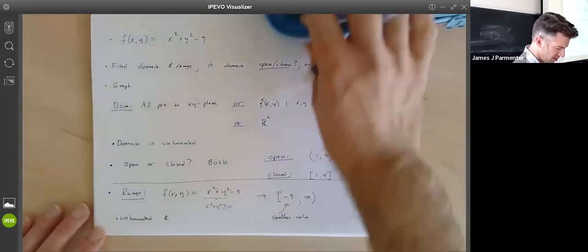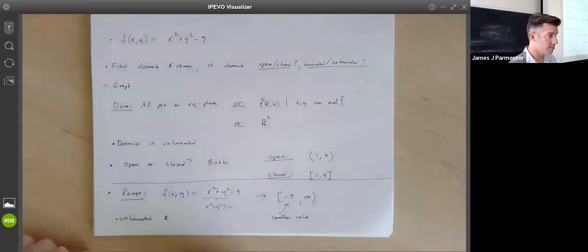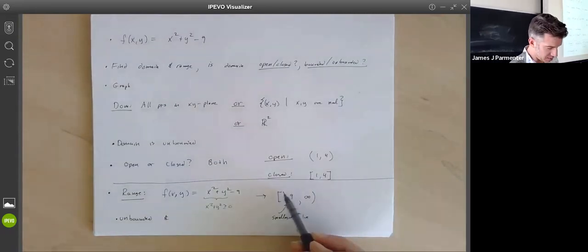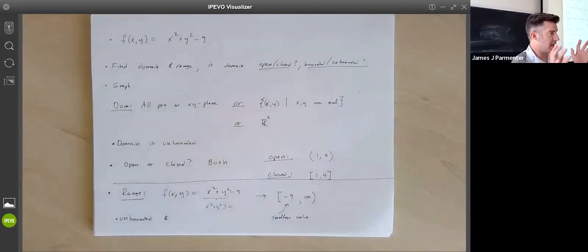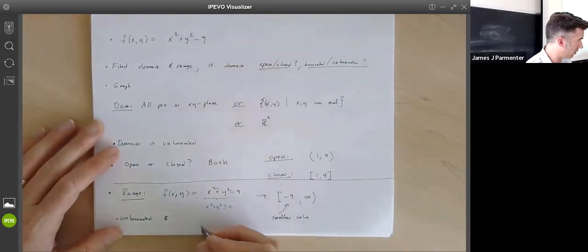And open, closed, or neither. Well, it's definitely not open. And the way I can see it's not open is because I'm including this boundary point here, right? If I include -9, I can't draw a little interval around -9 that is still contained in my interval. When I'm thinking about this, I'm really thinking about drawing the number line here.